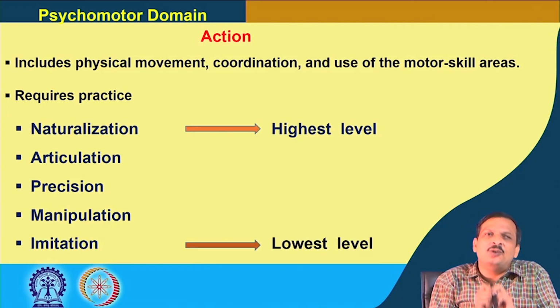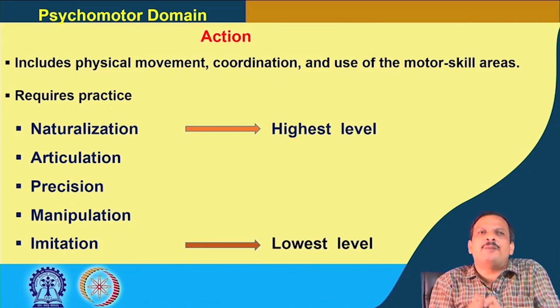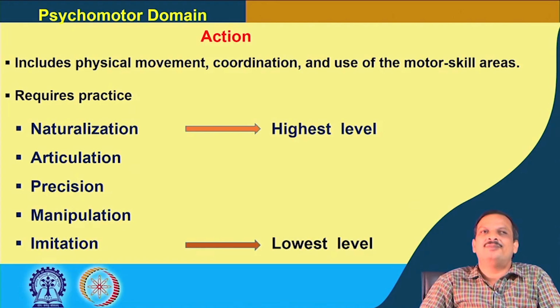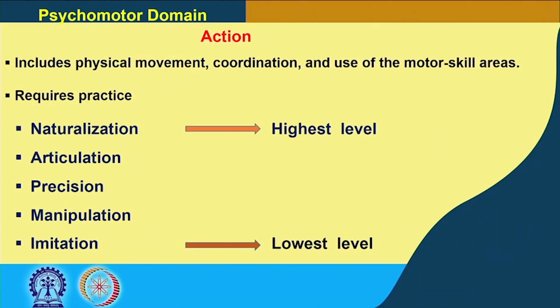Then once you are able to articulate, it becomes a natural habit for you. So, after 1 year, if I give you a bicycle and tell you to bicycle, you are able to do it. That is naturalization. That means without thinking, even while you are talking, you are able to bicycle.